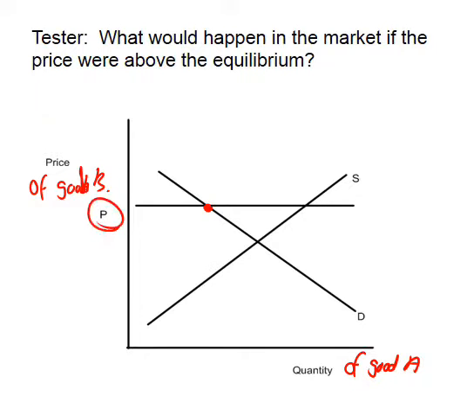So here is the price intersecting with the demand curve. So this is going to be our QD. Here is the price, again, intersecting with our supply curve. So this will be QS. If we have a quantity supplied which is greater than the quantity demanded, we're going to have a surplus.